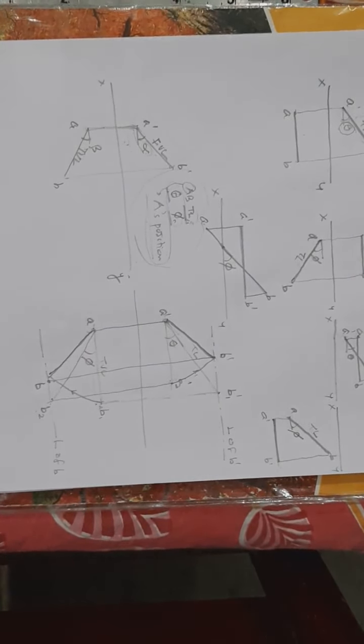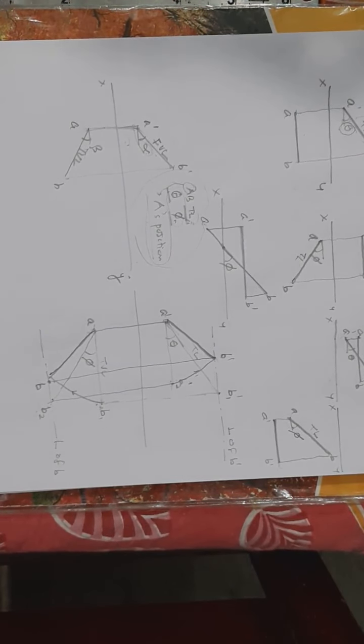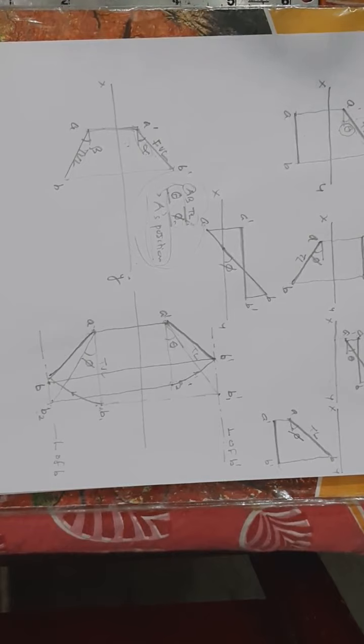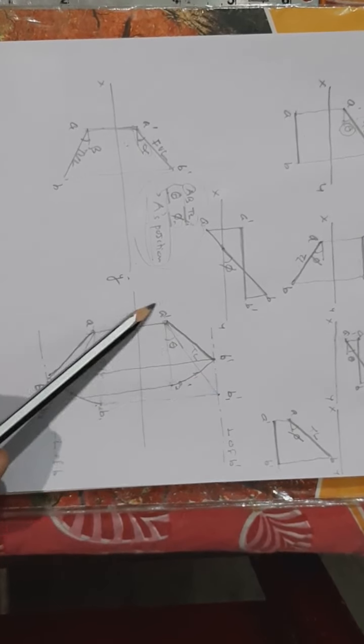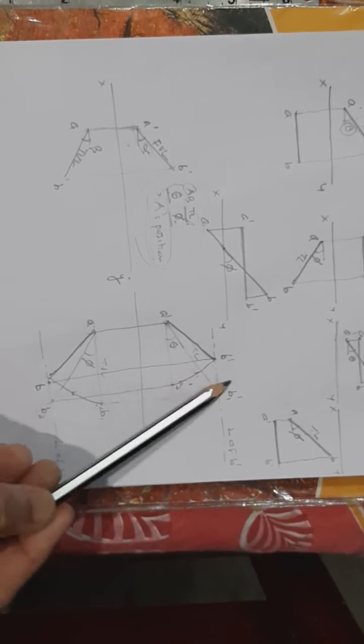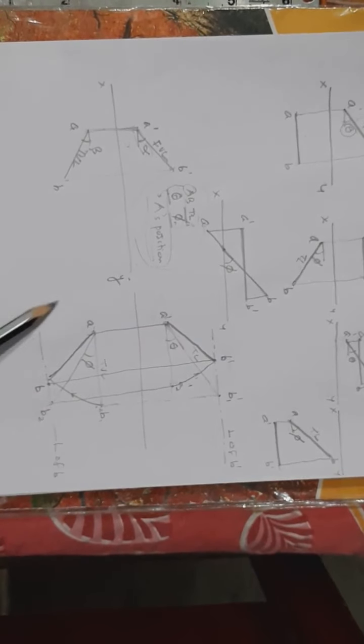With that, we will be able to simply follow this procedure and draw the front view and top view of a straight line inclined to both. This straight line is, as you can see, clearly in the first quadrant, because the front view is above the XY line and the top view is drawn below the XY line.